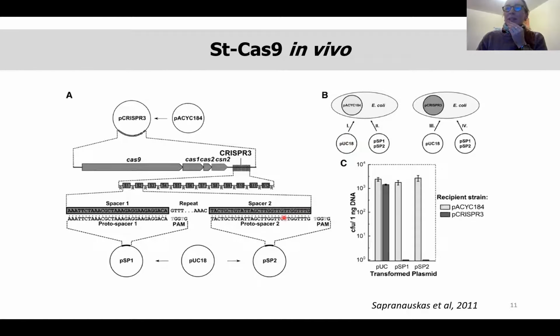They noticed that if the plasmid contains the target, it gets much lower transformation efficiency compared to the plasmid without the target, meaning that CRISPR, by an unknown mechanism, targets its spacer. So the CRISPR region works as a guide.